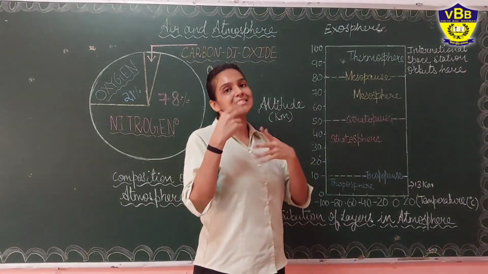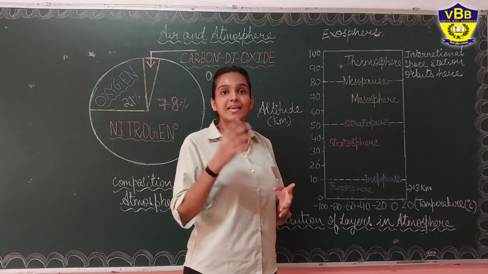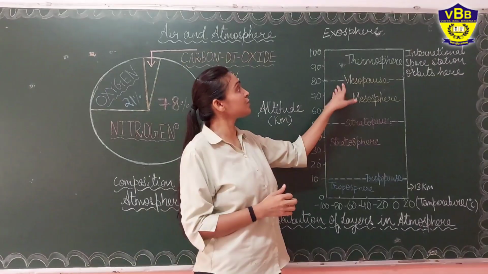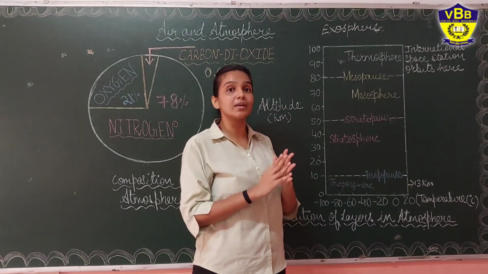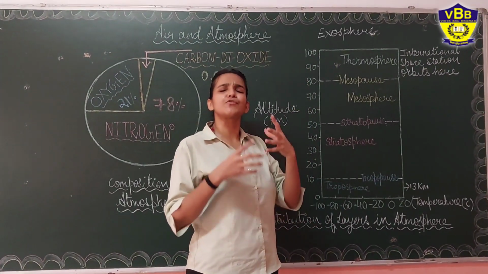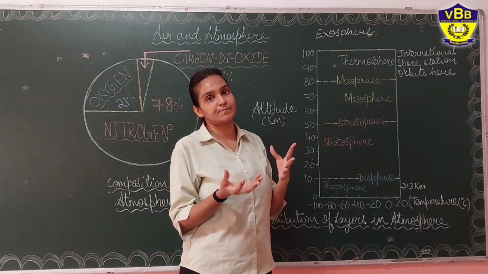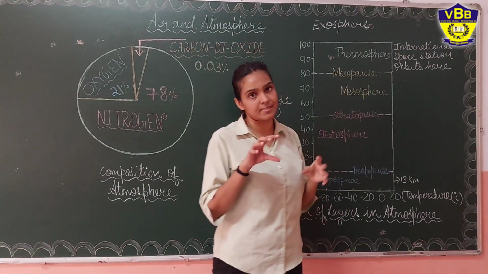Now coming to the next layer, that is known as thermosphere. It extends from mesosphere to about 400 kilometers. Now here, as we move up in height, temperature rapidly increases. The International Space Station orbits here.